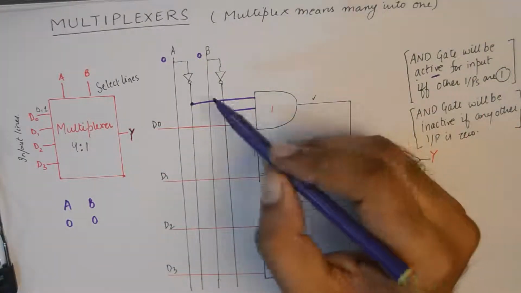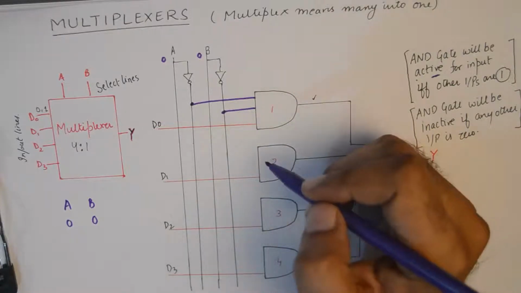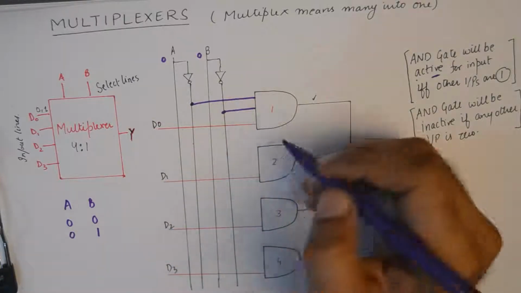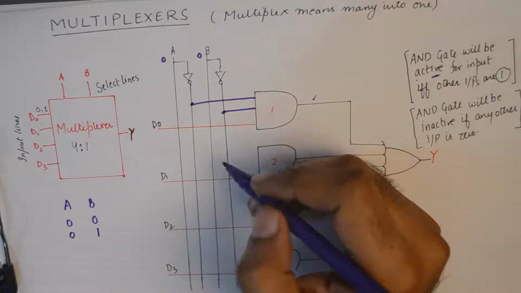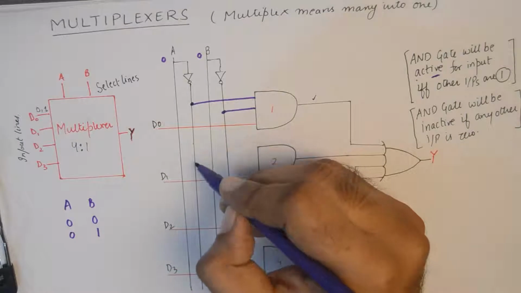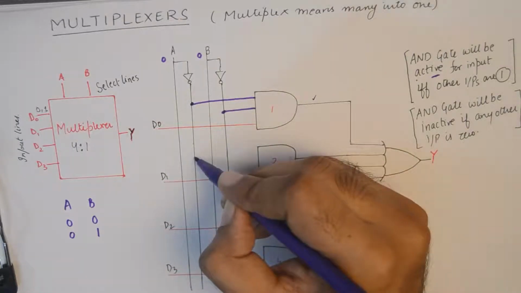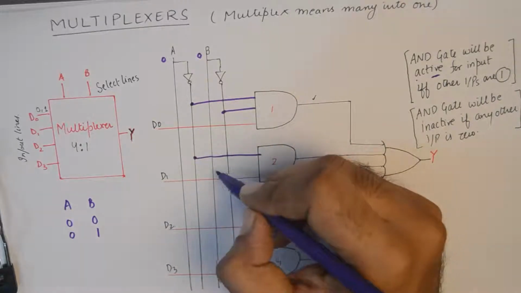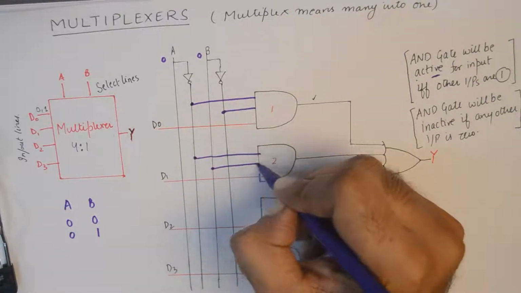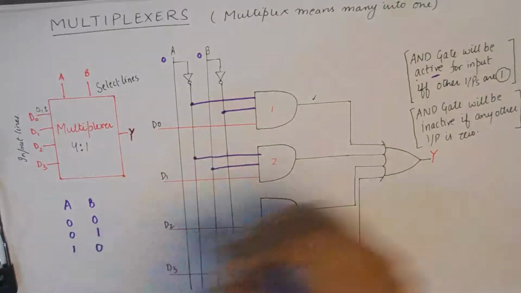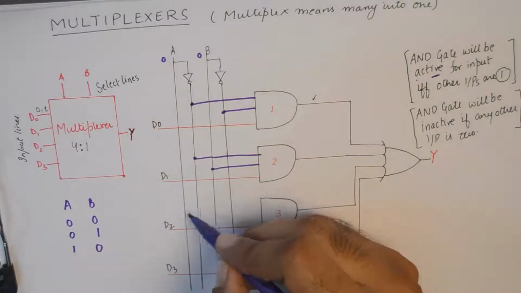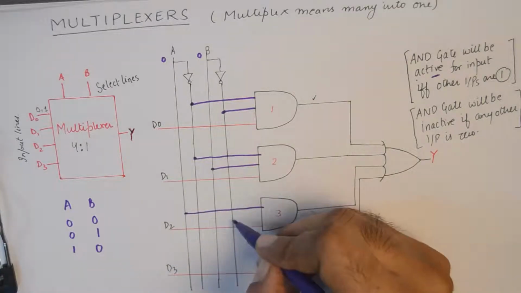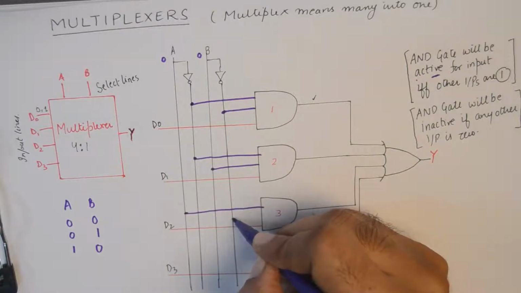For example, if I go ahead and make connections for 0, 1, what I'll do is I'll connect A bar here and B here. For 1, 0, I'll connect A and B bar.